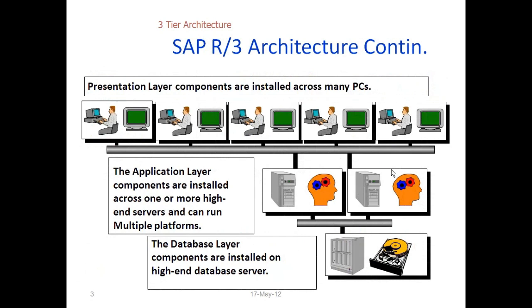Okay, so finally, this is how the architecture looks. In the client layer or the presentation layer, all the end users of the company are networked together. That is what we call a LAN. You will be connected through LAN in your company network, installed across many PCs.